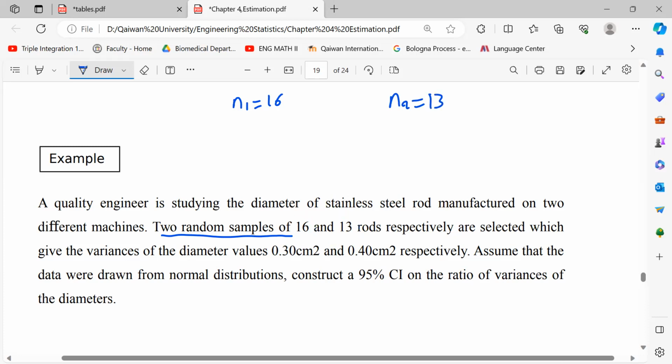You have 2 sample sizes, 16 and 13. Respectively selected, which give the variances of diameter values. We have given the variances. This is S1 squared and S2 squared respectively.